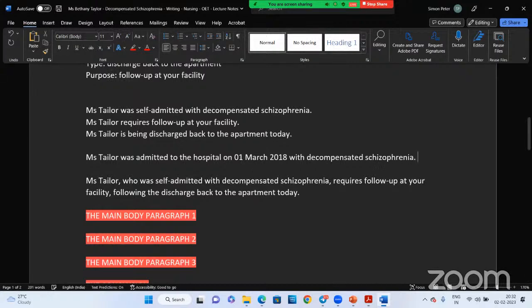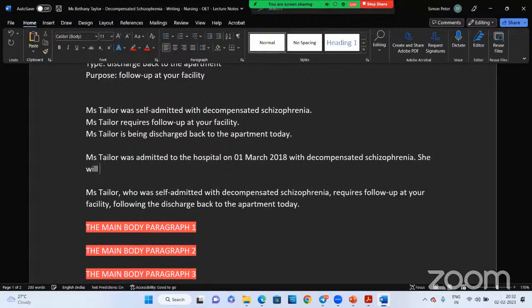Then you can say she will be discharged. She will be discharged back to the apartment today.